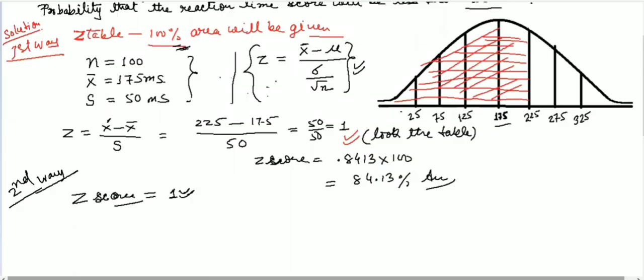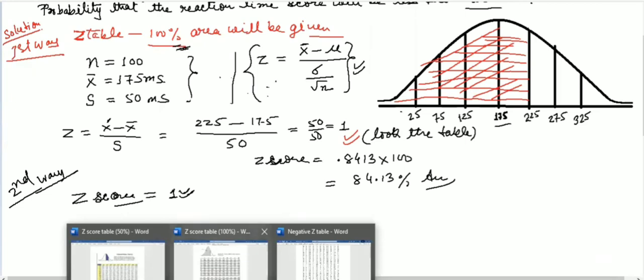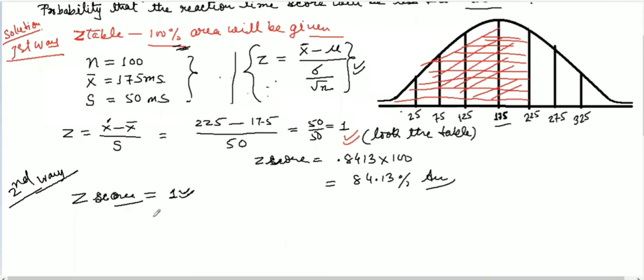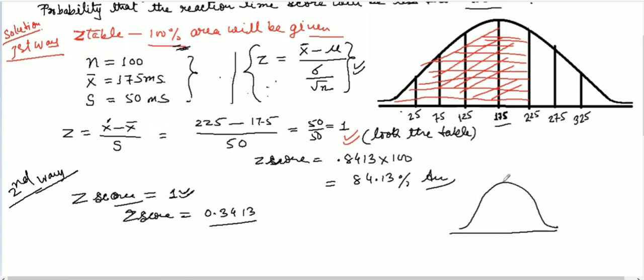You don't know which table will be provided in the exam, so according to that table, you have to find out the probability. So here you have the z-score 0.3413. As you can see, only this area is provided, from 0 to 1.